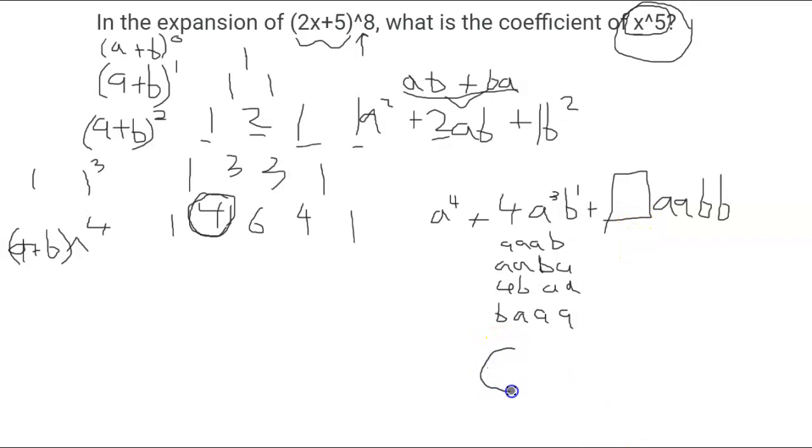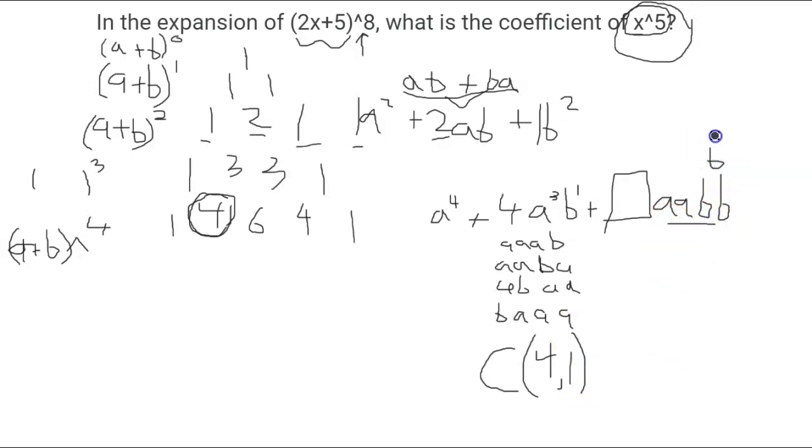So the 4 over here came from a combination. There are a total of 4 powers of A and B, and we were interested in the first power. There's 1 B in there. For this one, right, there are 2 B's.